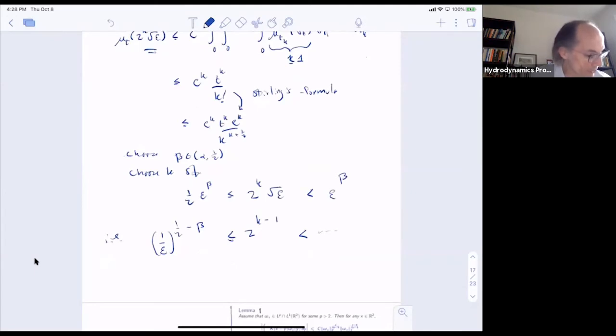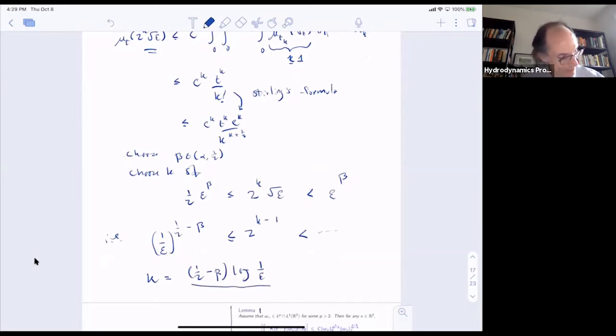This leads, I believe, to k being 1/2 minus beta times log of 1 over epsilon divided by log of 2, maybe minus 1. So k minus 1 is, sorry, this is k plus 1. K plus 1 is this ratio.